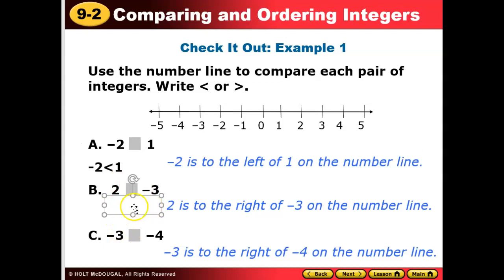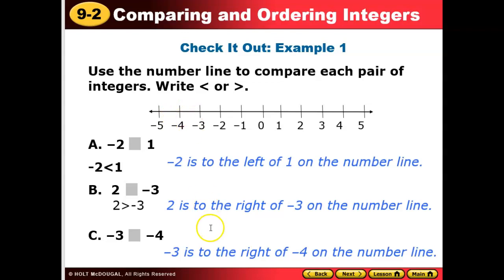Now we have 2 and -3. Here is positive 2 and -3. So 2 is greater than -3. And now we have -3 and -4. -3 is right here. -4 is right here.